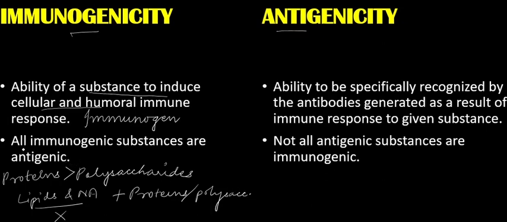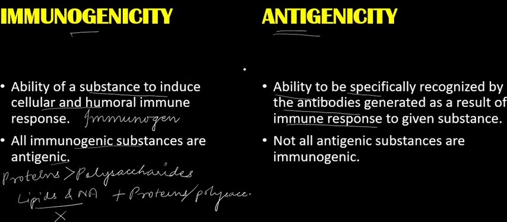So all immunogenic substances are antigenic. I will be explaining this later. Next is antigenicity. Antigenicity is the ability to be specifically recognized by the antibodies generated as a result of the immune response to a given substance.